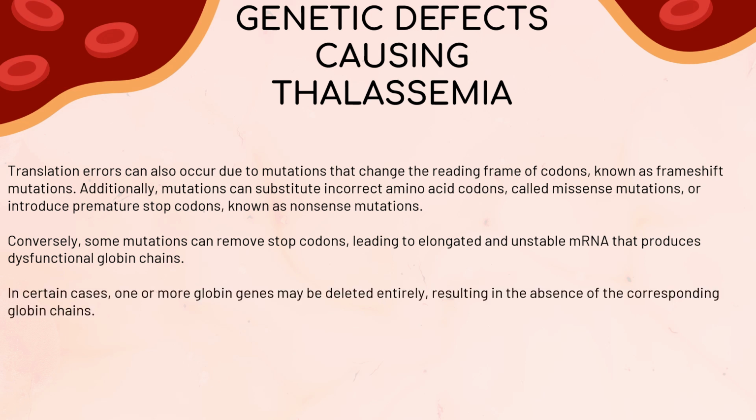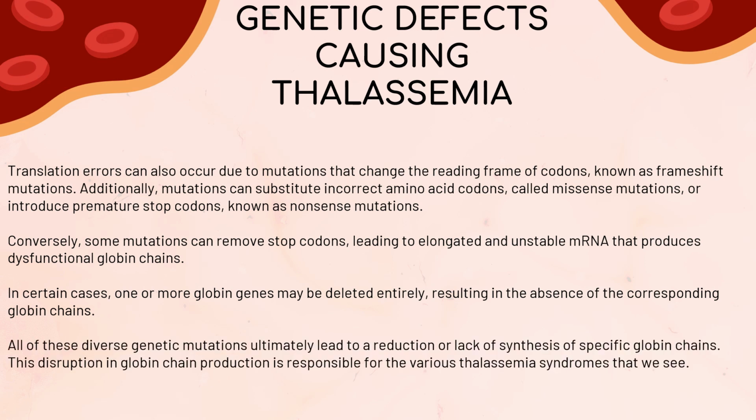In certain cases, one or more globin genes may be deleted entirely, resulting in the absence of the corresponding globin chains. All of these diverse genetic mutations ultimately lead to a reduction or lack of synthesis of specific globin chains. This disruption in globin chain production is responsible for the various thalassemia syndromes that we see.